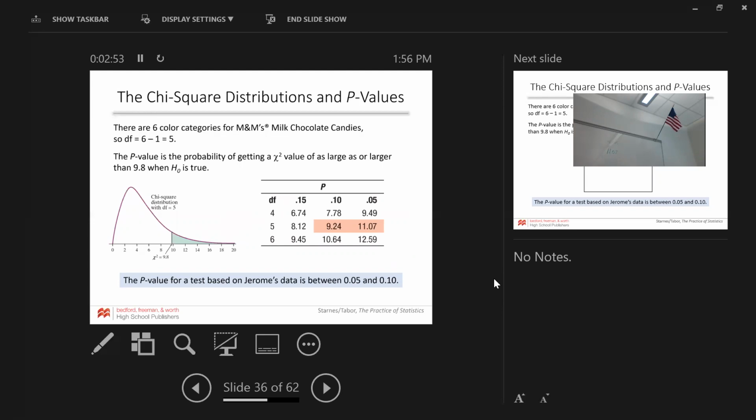On the die problem, ready, we're at 9.8 here. 9.8 for the M&Ms. 14.41 for the die. Both times there were 5 degrees of freedom. There were 6 colors of M&M. There were 6 sides on the die.